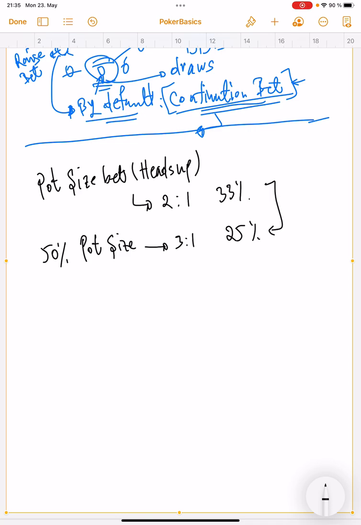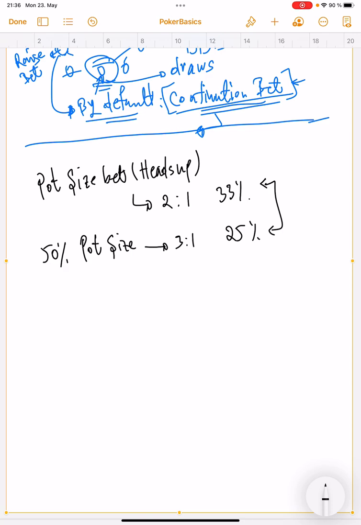You have to bear in mind these two. Anything in between, so between 50% and 100% of the pot size, will change between 25% and 33%. And the range is not a big range. So you can also estimate that 60% or 70% of the pot size will be like 27% or 28%.